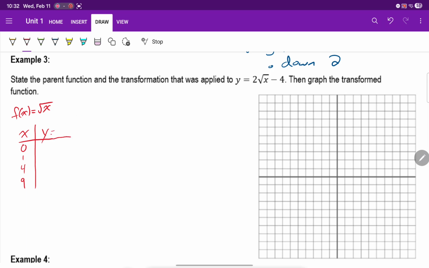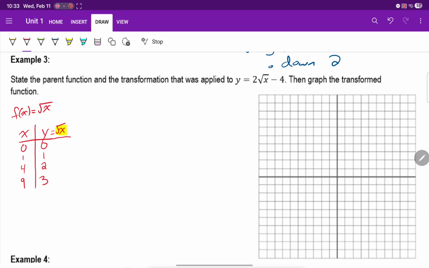Sometimes I also like to put y equals root x. That's how we're going to get our y values: I'm going to sub each x value into that equation to determine our y values. The square root of 0 is 0, the square root of 1 is 1, the square root of 4 is 2, and the square root of 9 is 3. Okay, so those are the coordinates of our parent function.